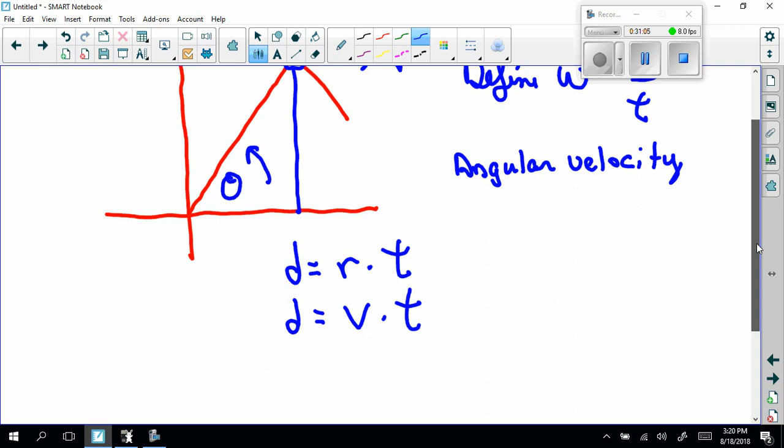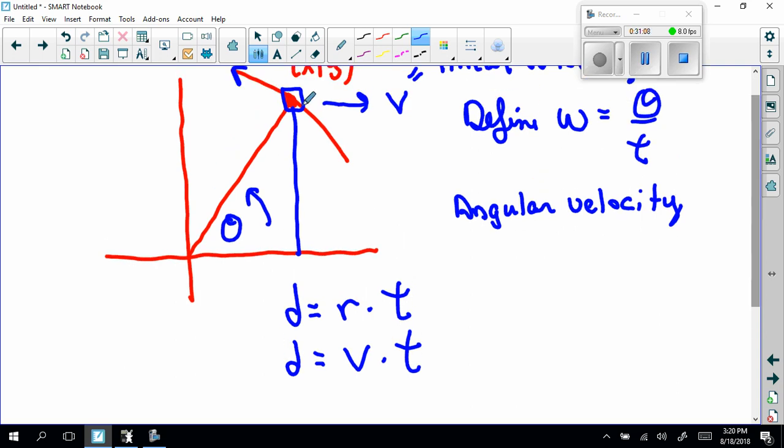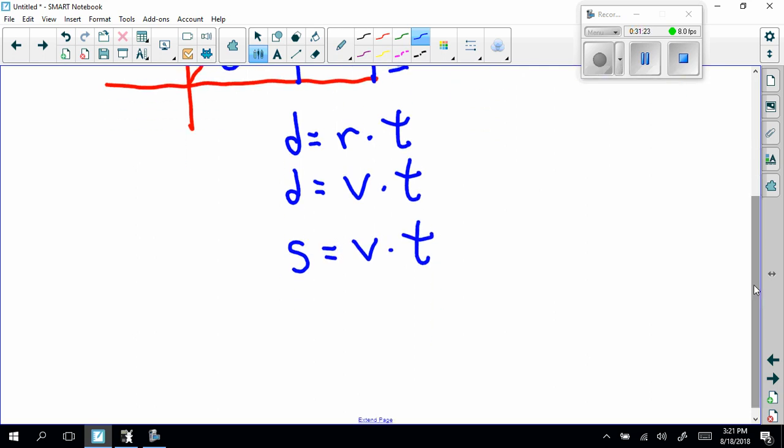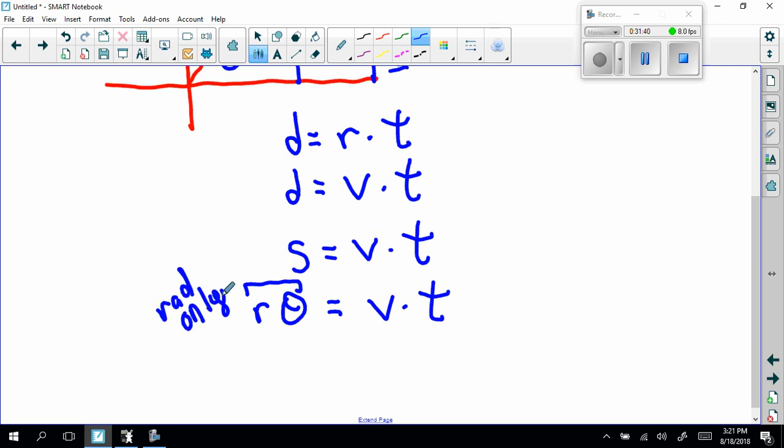But in this situation, the distance we're talking about is actually arc length, but only in a circular situation. So D becomes S equals VT. But S, we just learned, was R theta. So R theta equals VT. Because that's the new formula, remember, radians only.